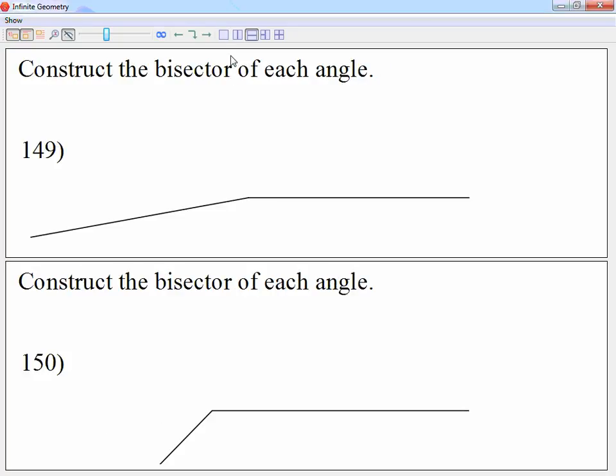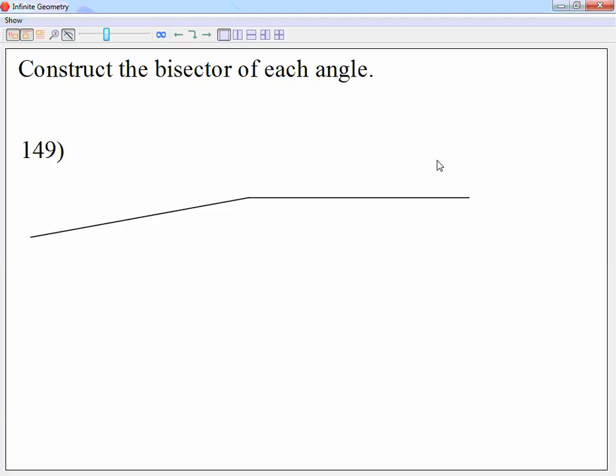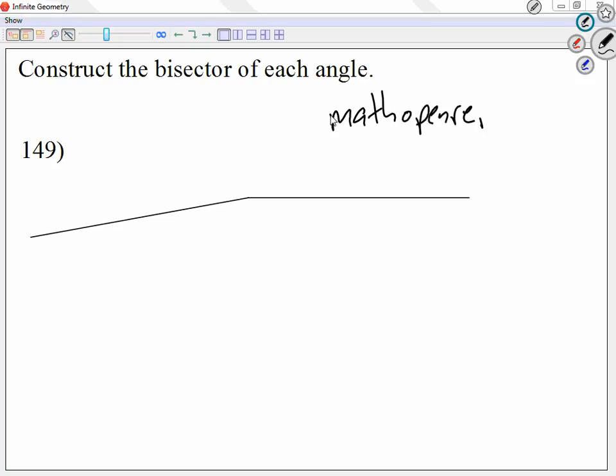Alright, now for constructions, I know I gave you guys a website when we were working on this. It was mathopenref.com. And these things were called constructions. There are a few constructions that I want you guys to take a look at.